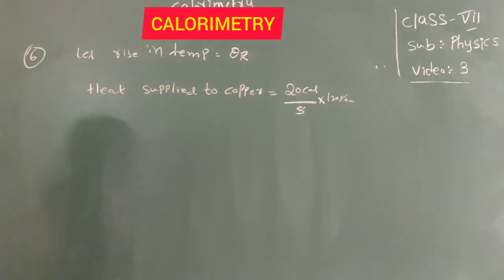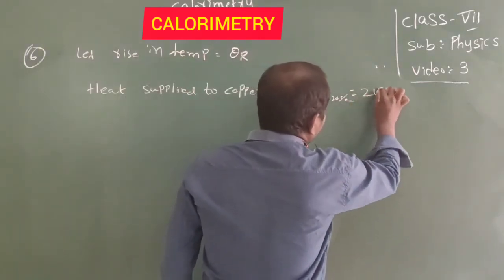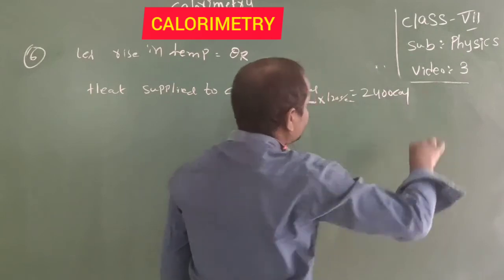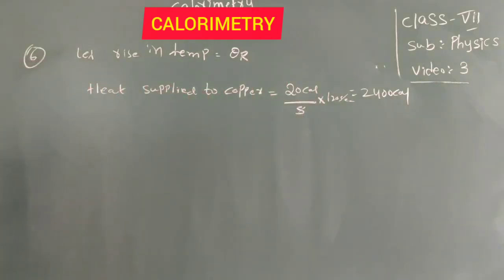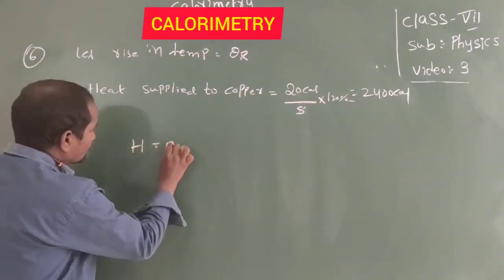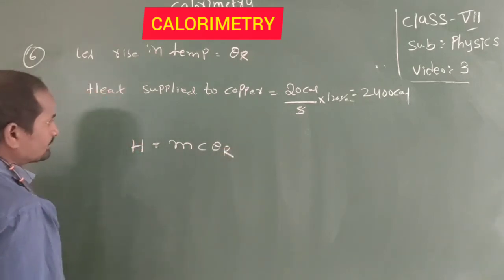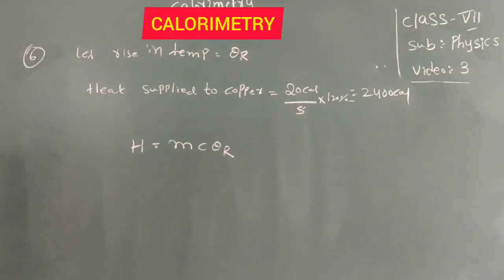Seconds will cancel, so heat energy equals 2400 calories. We know that heat equals m into c into rising temperature theta R.